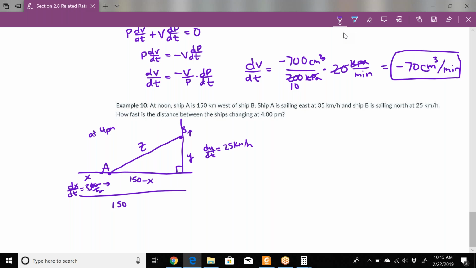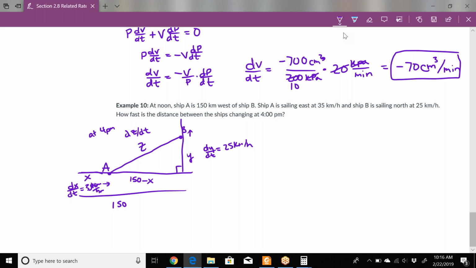And we want to know how fast the distance between the ships is changing, which means we're looking for dz/dt. Okay, so because this is not technically our x, when we plug things in we're not using x squared in our Pythagorean theorem. We're using 150 minus x, because this is how much distance would be left between where B used to be and where A is, since it's traveled up to that point.